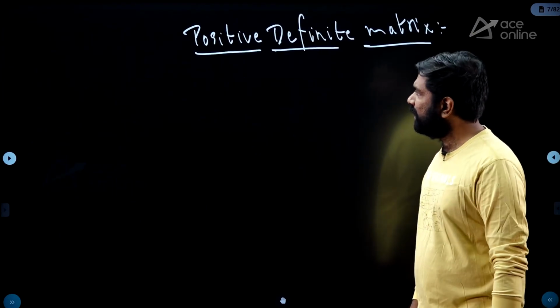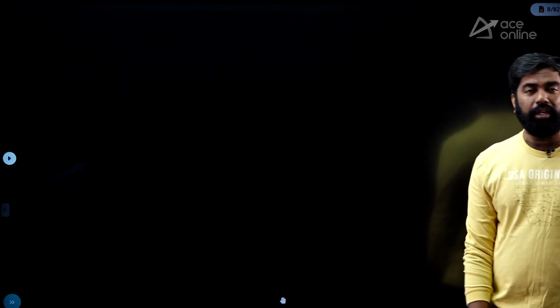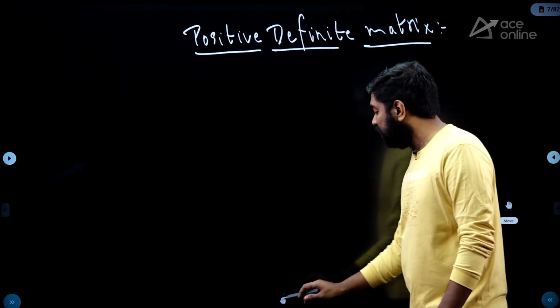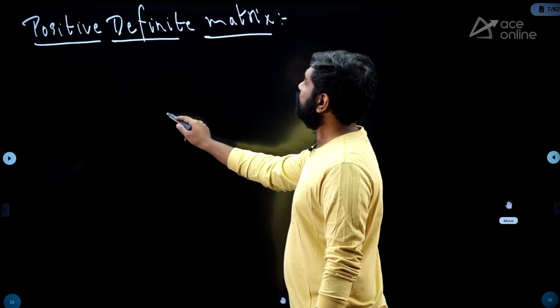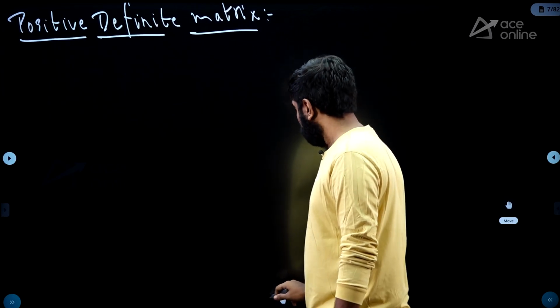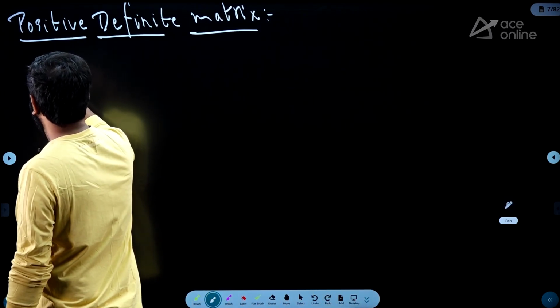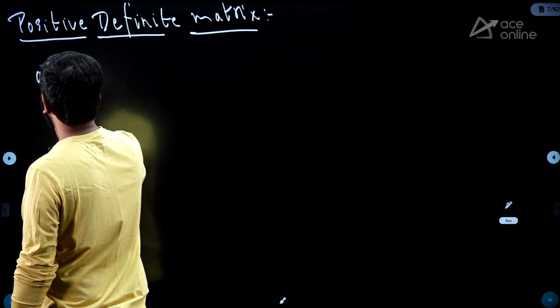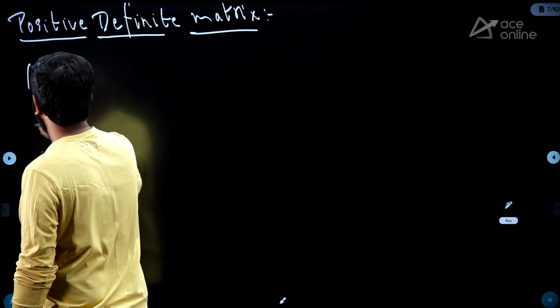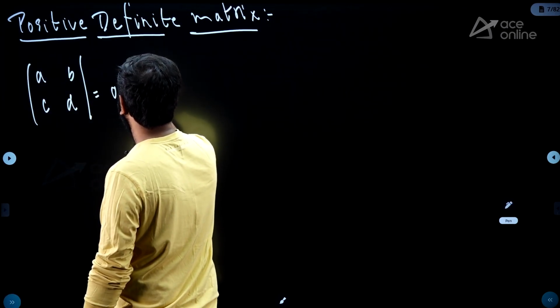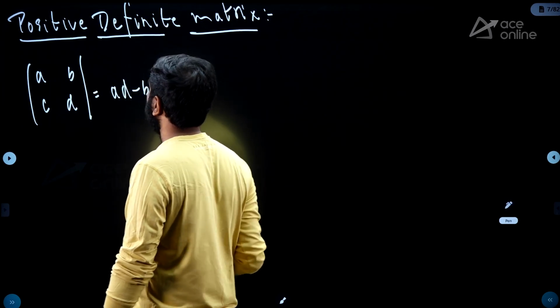Next, you know what's the next important topic? The next important topic is determinants, students. If I give you A, B, C, D, the determinant is calculated as AD minus BC.